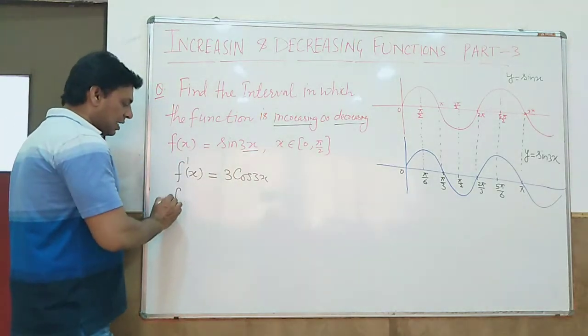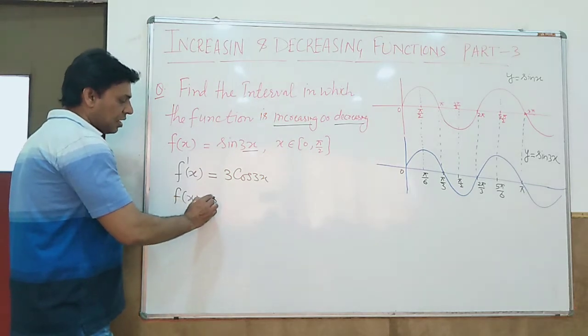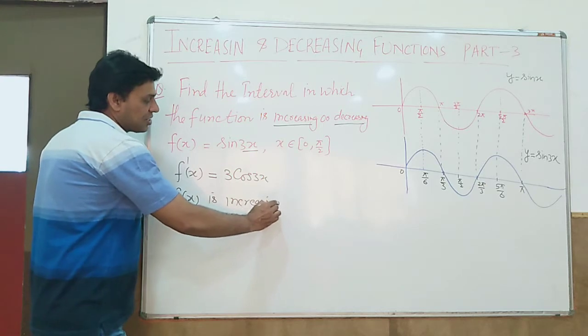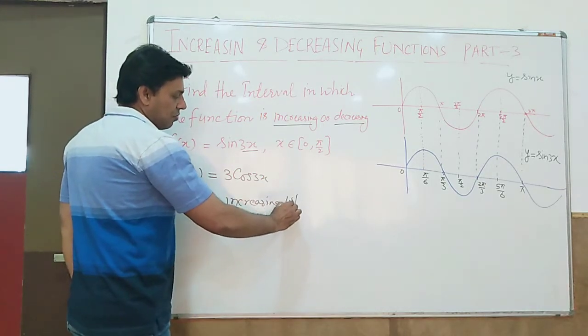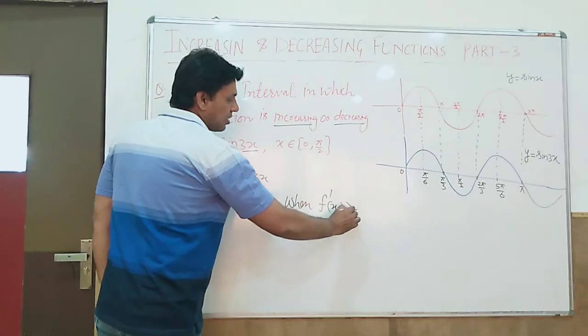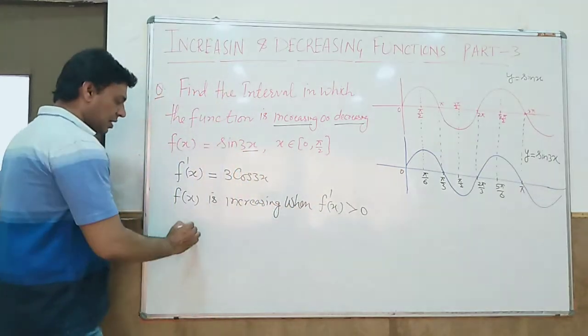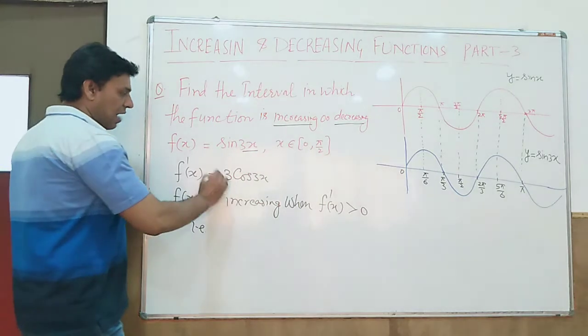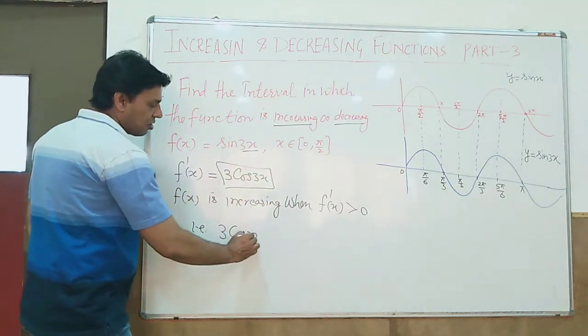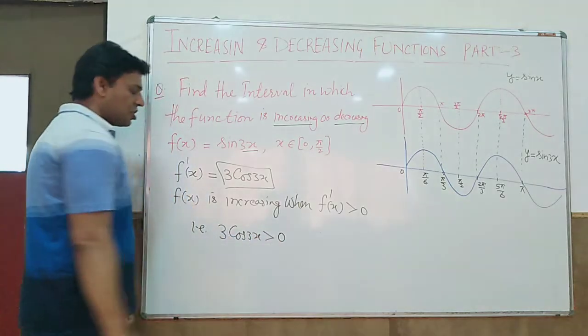You know that f(x) is increasing when f dash x is greater than 0. That is, 3 cos 3x is greater than 0.